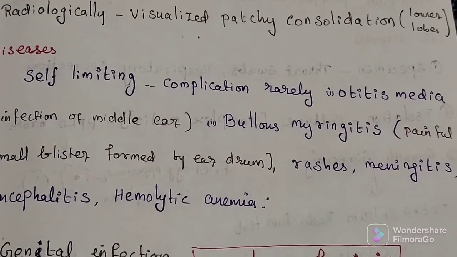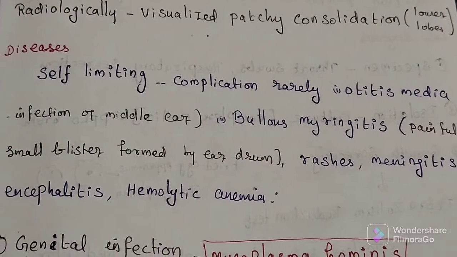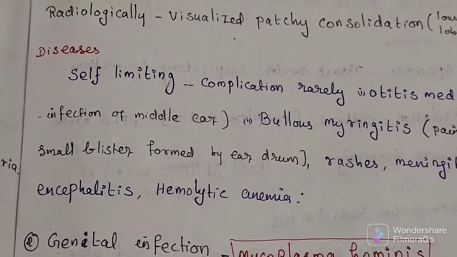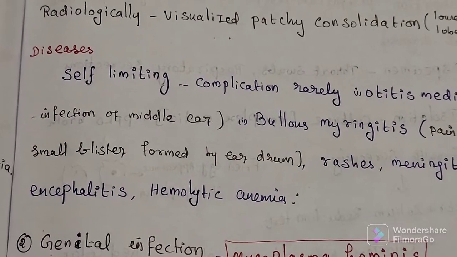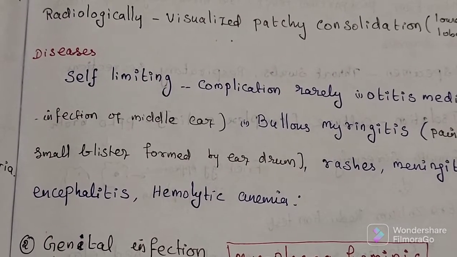It also causes rashes, meningitis, encephalitis, and hemolytic anemia. These are the complications of Mycoplasma pneumoniae.